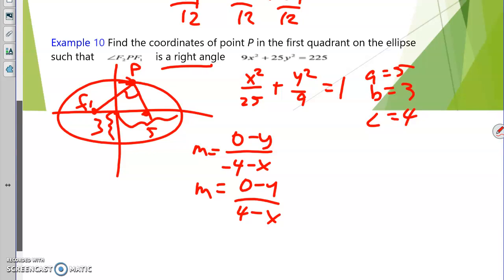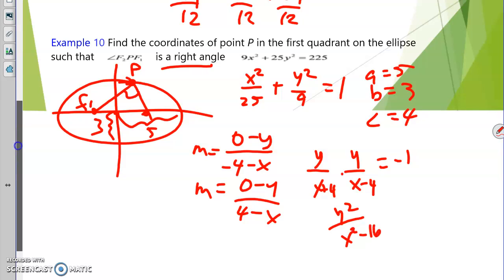And if I set the product of those equal to -1, since they're going to be perpendicular, I get y over (x plus 4) times y over (x minus 4) equals -1. And I get y squared over (x squared minus 16) equals -1. So I get y squared equals -x squared plus 16. And that's my equation. And I think we are done right now. So good job.